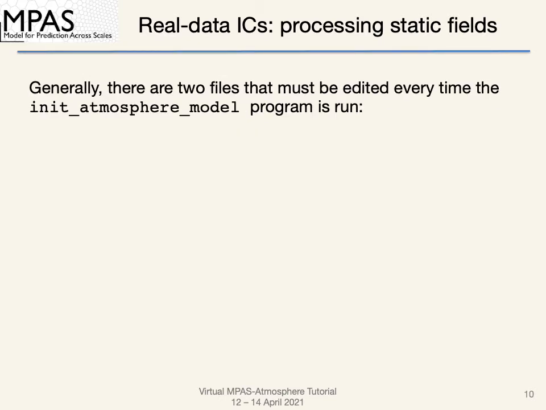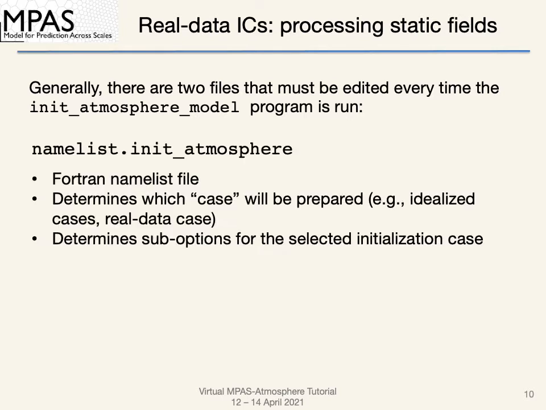So we know that the init atmosphere program can be used to create our real data initial conditions, and we saw in the previous slide that there are various different combinations of options that can be specified to instruct this program to create exactly the initial conditions that we need. So as input, this program generally needs two text files that you have to edit. And the first of these is what's called a Fortran namelist, and that resides in a file called namelist.initAtmosphere.